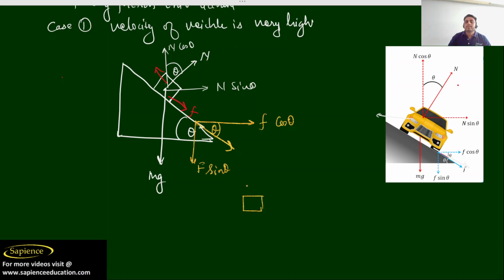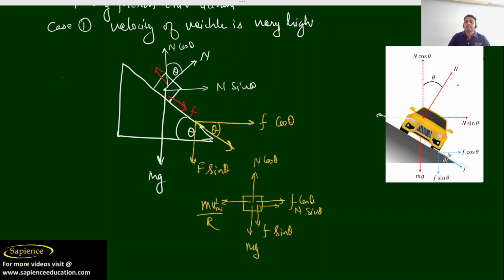So what we will get, see here: N cos theta upward, mg downward, f sin theta will be downward, f cos theta will be horizontal, and N sin theta will be horizontal in this direction, mv square by r.